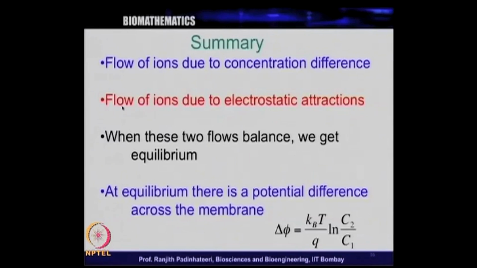That will lead to a counter flow of ions due to electrostatic attractions, because charge separation will lead to electrostatic attractions, and there will be a flow in the opposite direction. When these two flows balance, we get equilibrium, and at equilibrium there is a potential difference across the membrane, given by delta phi equal to KBT by Q into ln C2 by C1. This is the famous Nernst equation.